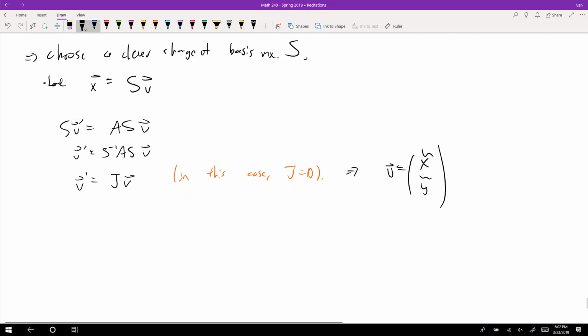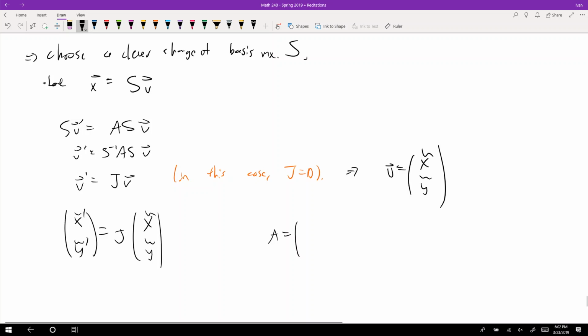Now you have this system V prime, which is x tilde prime, y tilde prime, equal to some Jordan form of S A S inverse times x tilde, y tilde. But now we need to find what S inverse A S is. In this case, I said it was going to be diagonalizable.